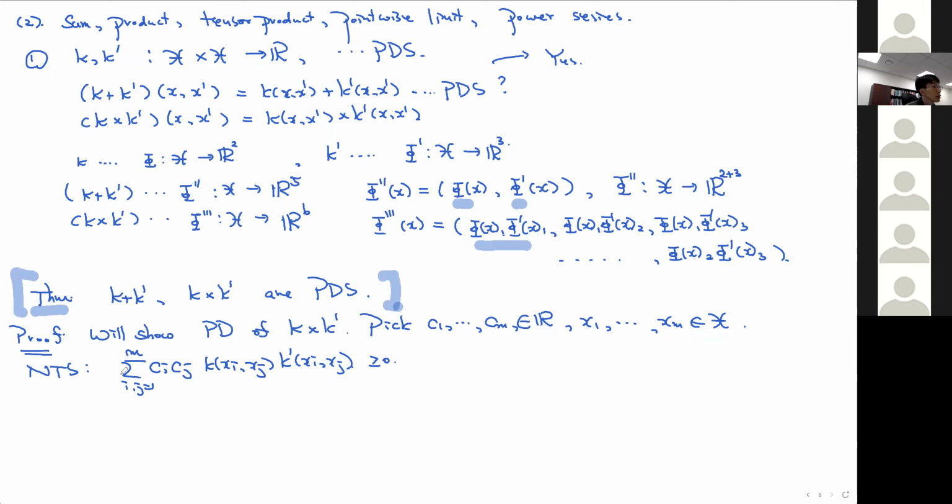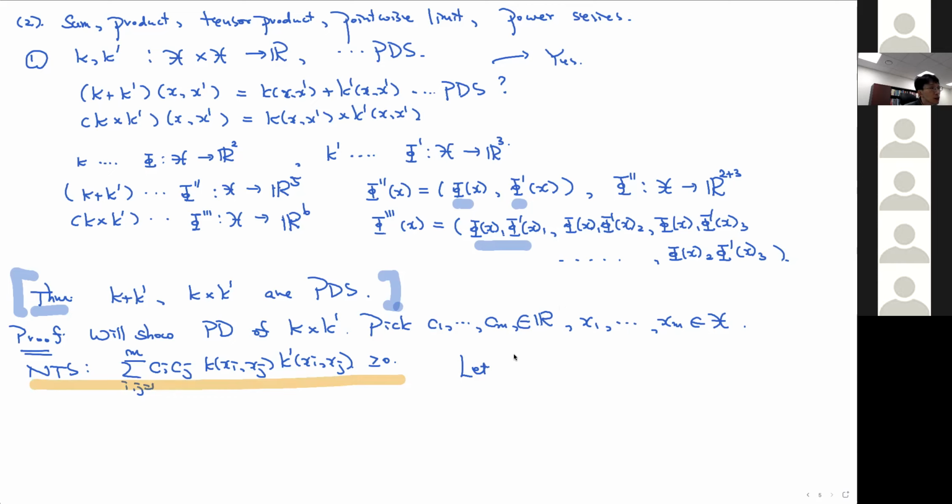Let's highlight this. The question is how we can prove this. To prove this, we first define a matrix K. We are really using the eigenvalues and the computation of the matrix based on the eigenvalues.